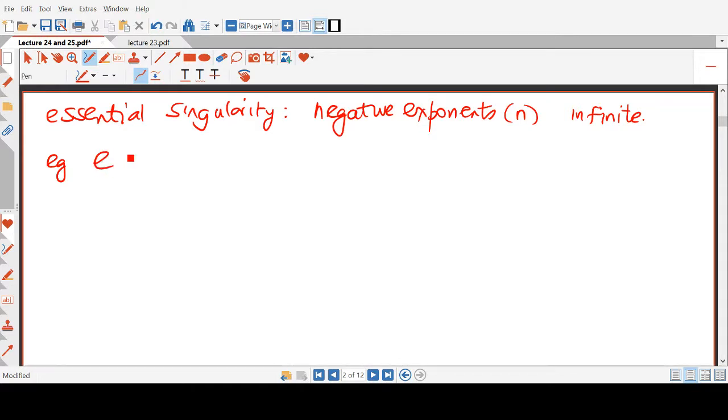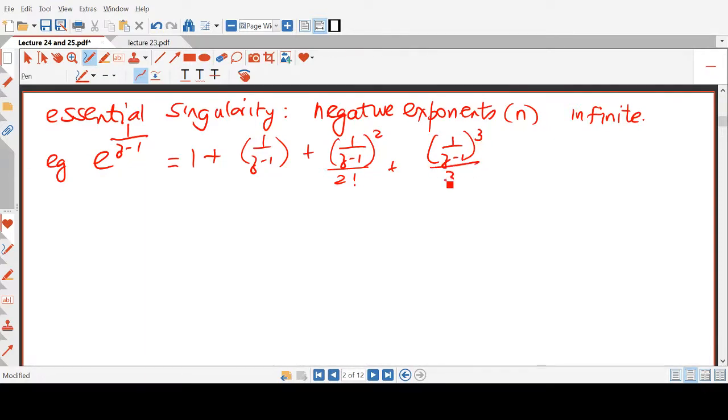For example, if you take e to the 1 over z minus 1, I expand e to the z. It's 1 plus z over 1 factorial plus z squared over 2 factorial plus z cubed over 3 factorial, and so on. But now the exponent is not just z, it's 1 over z minus 1. So it will be 1 plus 1 over z minus 1 plus 1 over z minus 1 squared over 2 factorial plus 1 over z minus 1 cubed over 3 factorial and so on.